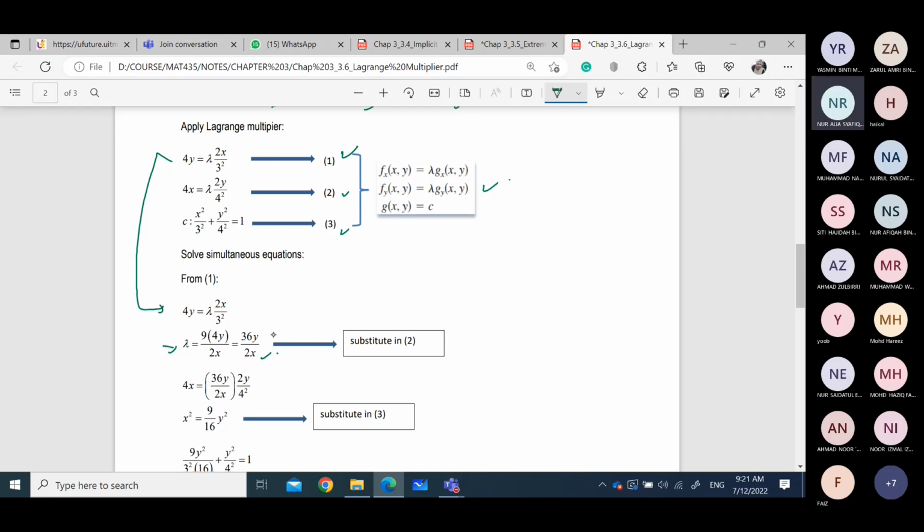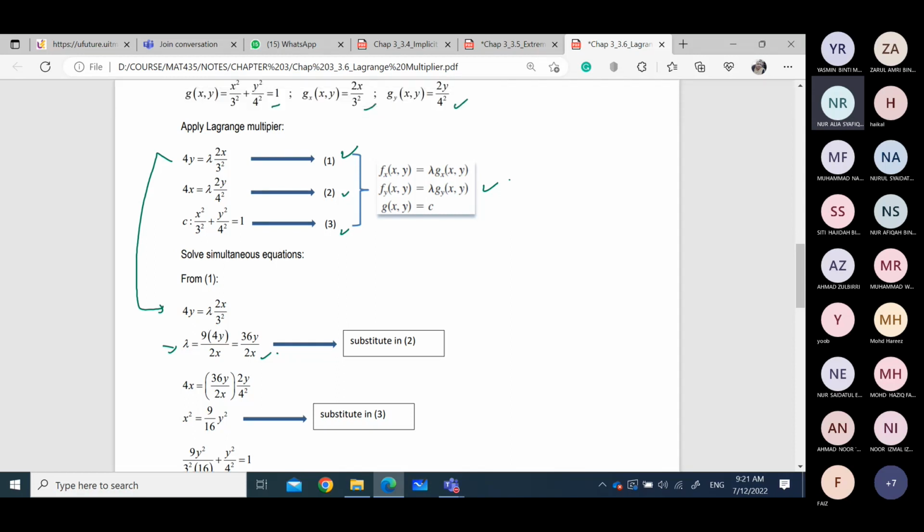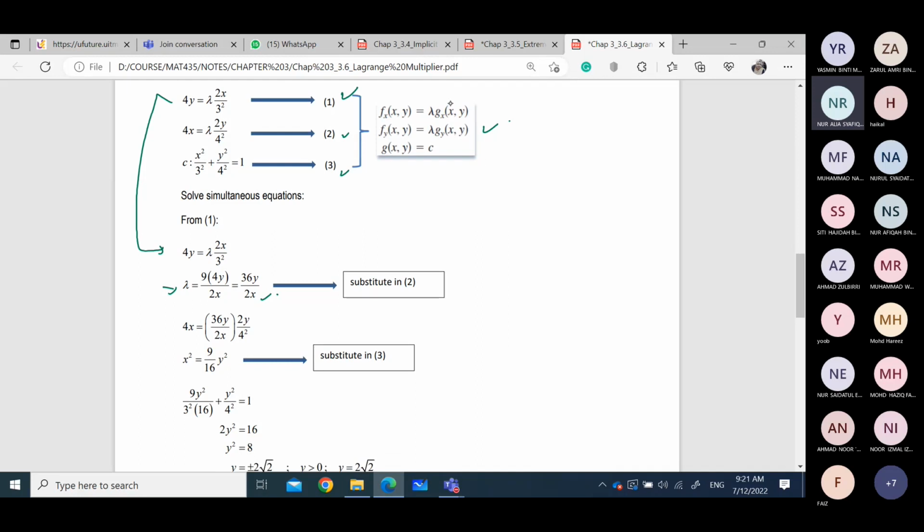Okay, so this one we substitute into the second equation. This one, you substitute its value.